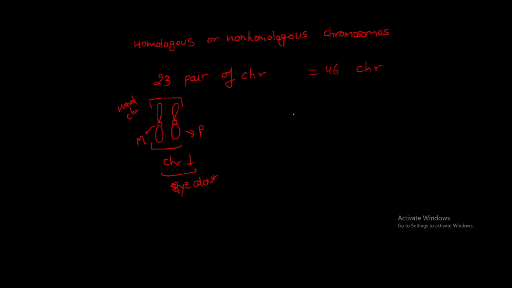Now the non-homologous chromosomes. Suppose this is chromosome number 13. This chromosome will have a different set of genes that will not code for the eye color, that may code for some other trait, let's say skin color or something else. So they will have a different set of genes than chromosome number 1.